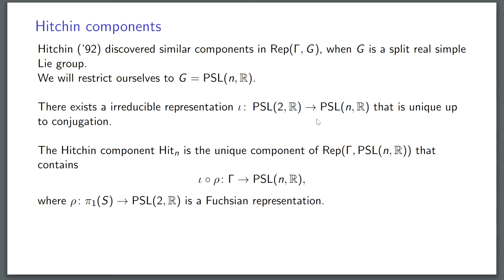Then the Hitchin component can be defined as the unique component of the representation variety that contains all representations of the following form. Here we consider ρ a Fuchsian representation and we compose it with this irreducible embedding of PSL2R into PSLNR.